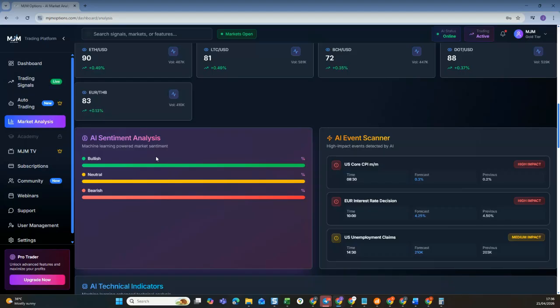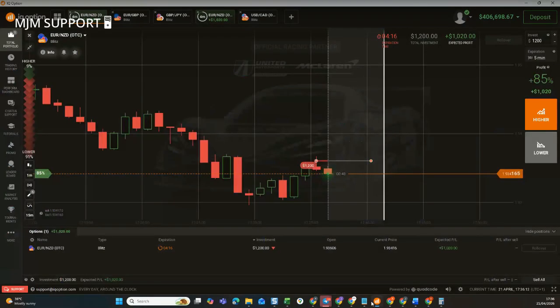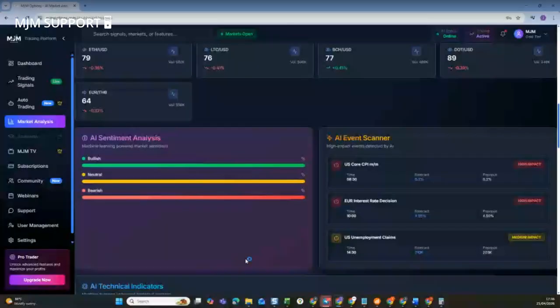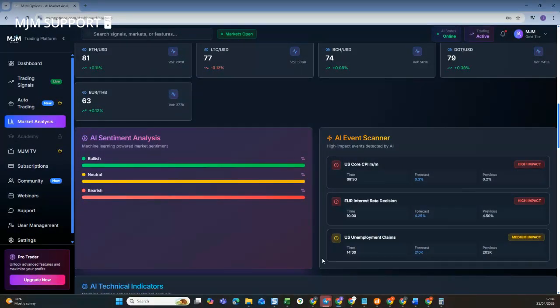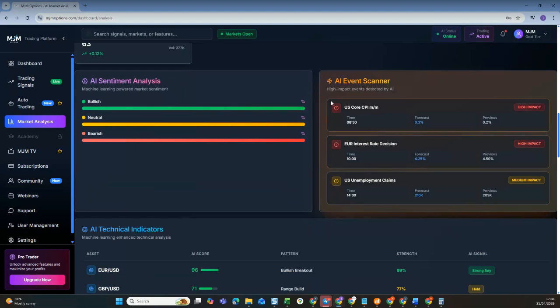Market sentiment in the sense that we know what direction traders are going, whether they are selling or buying. So it knows that, and when it studies that, it uses that to give you an informed signal. The next thing here is the AI event scanner.